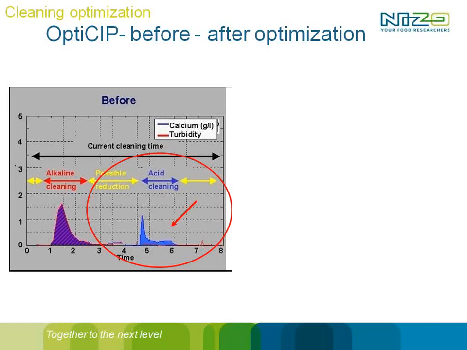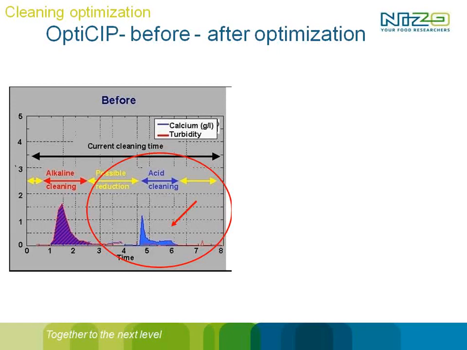On the x-axis you have the time, on the y-axis the amount of fouling. We have this cleaning process. The yellow bar actually shows a part in the beginning where nothing is happening. Then we have an alkaline cleaning, followed by, well, some more time, an acid cleaning, and some more time.